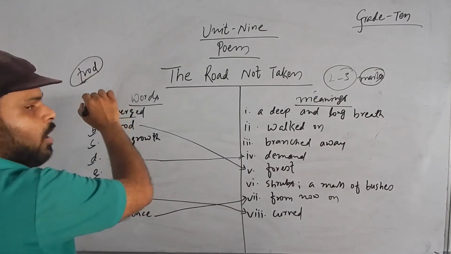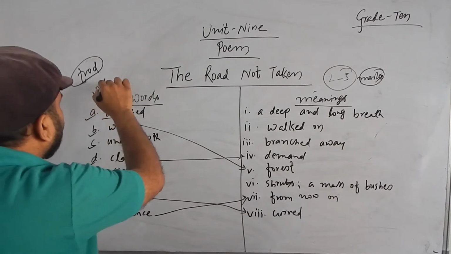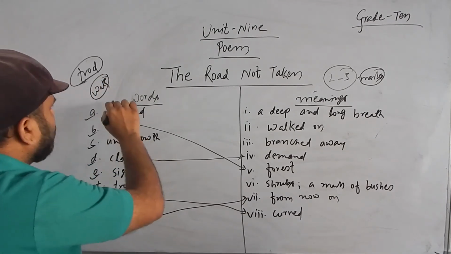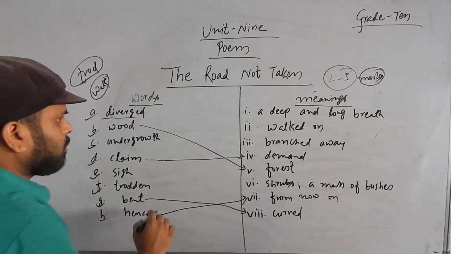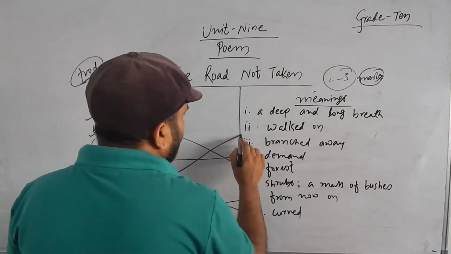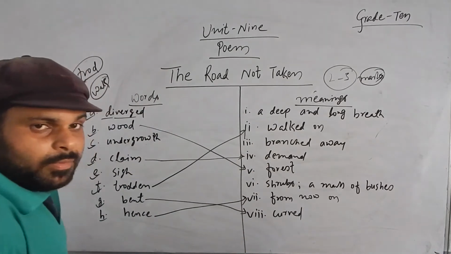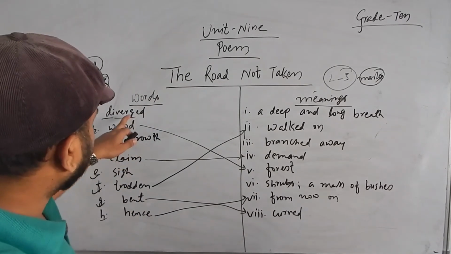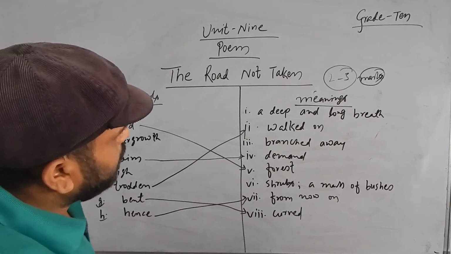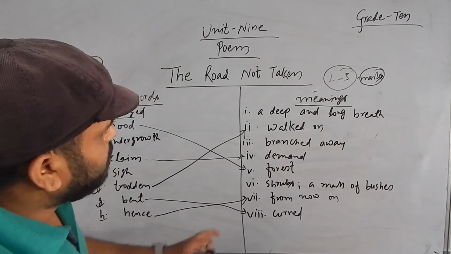Means it's a walk. So, what will be the meaning here? Trodden, of course. Walked on. Next, sigh or diverged. A deep long breath and branched away.